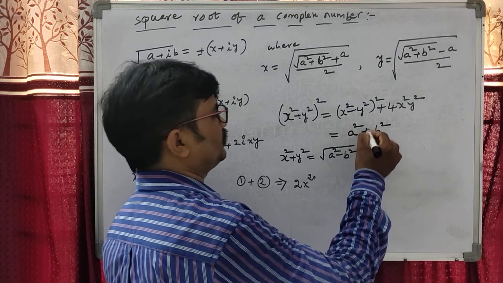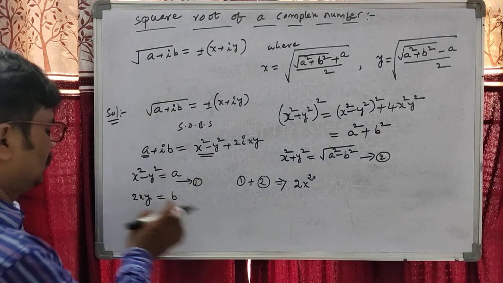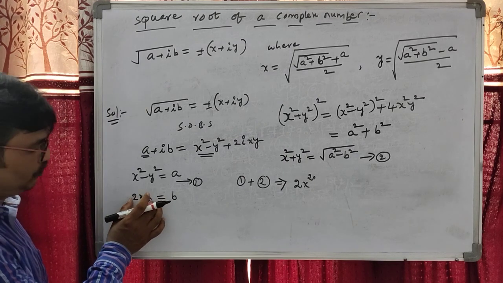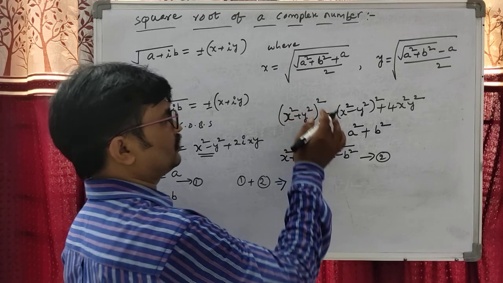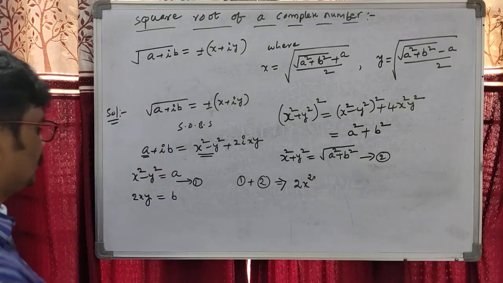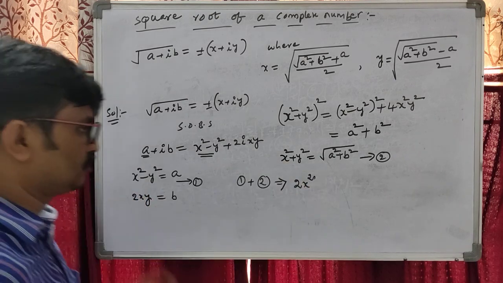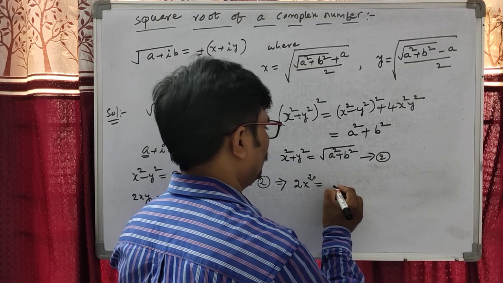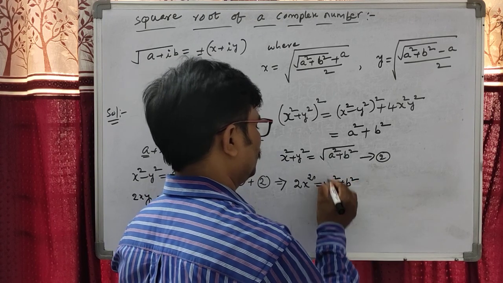So x square minus y square is a, and squaring on both sides, 4x square y square is b square. The x square plus y square is the root of a square plus b square; adding 1 and 2, these two cancel. Then 2x square equals the root of a square plus b square plus a.